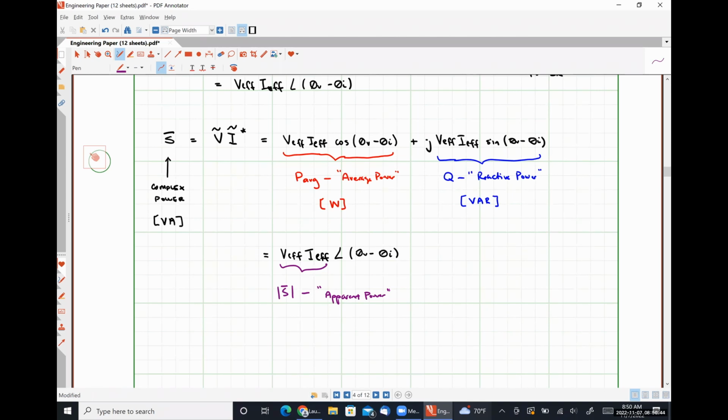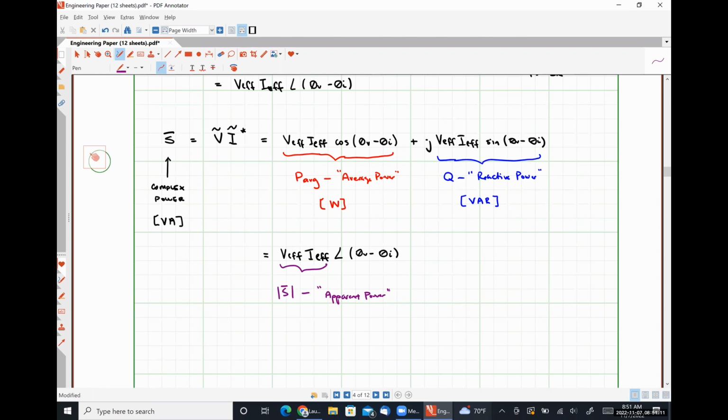By that, I mean it's simply the effective value of the voltage multiplied by the effective value of the current. There is no potential cancellation of anything because of a difference in phase angle. They're both at their absolute maximum value. And so this is the most power that could be delivered or the most power that could be absorbed by this particular load, okay?